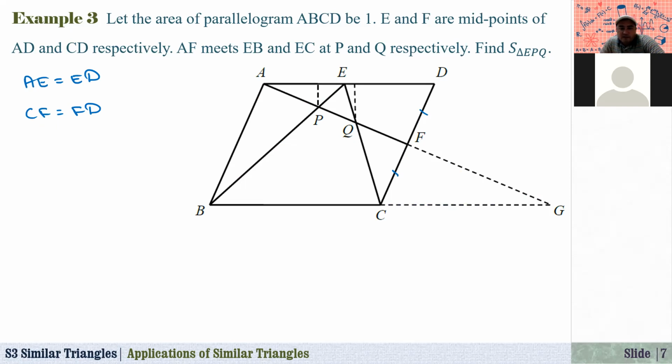AF meets EB and EC at P and Q respectively. We have to find the area of triangle EPQ. I'm just talking about this small area, so we have to find this area.